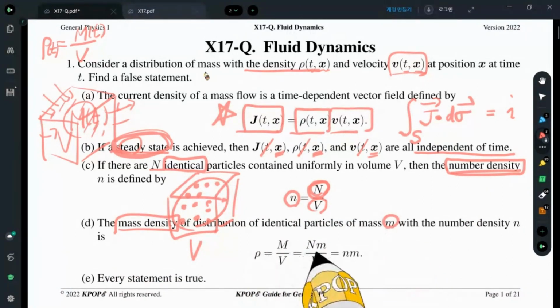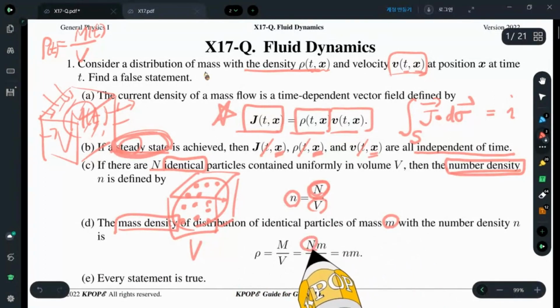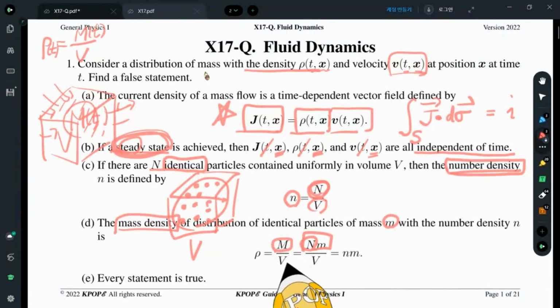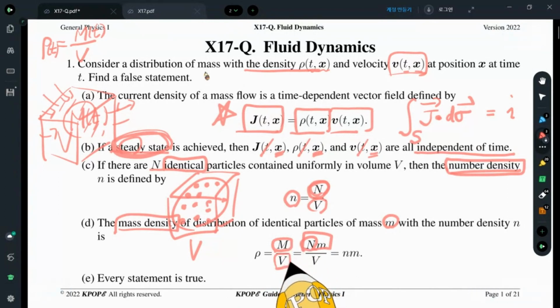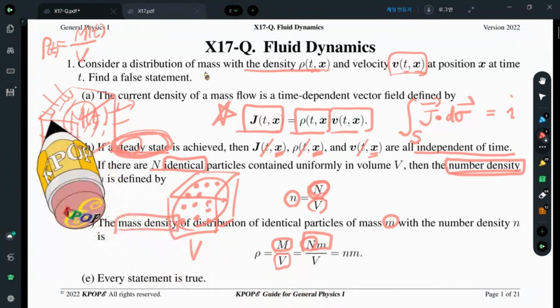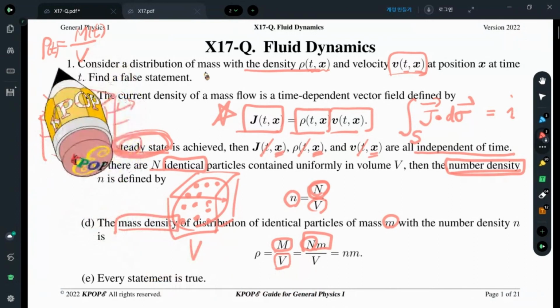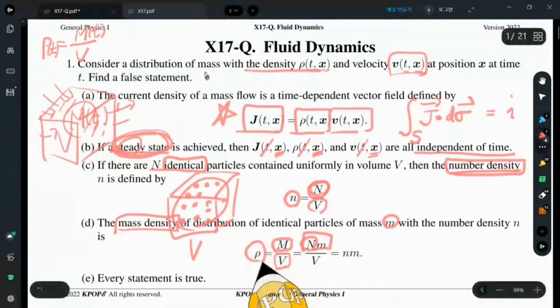The mass of a single molecule multiplied by the number of molecules will be the mass of the sample. The mass of the sample, capital M, divided by volume is by definition the density.